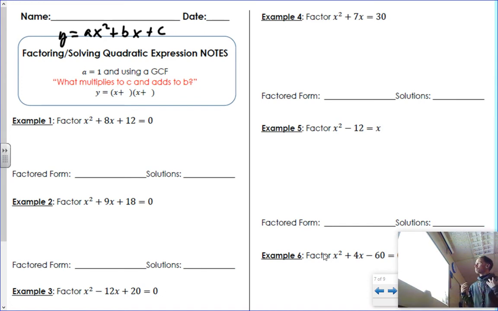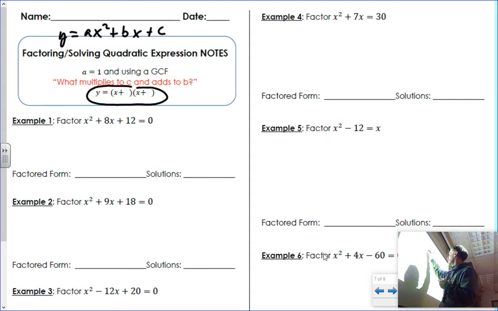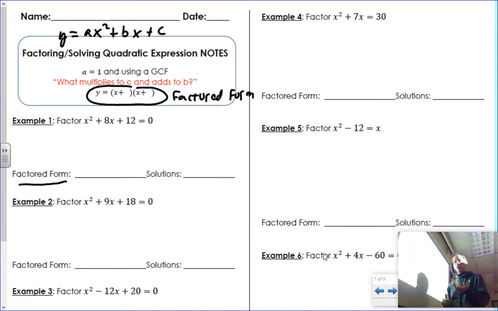Okay? So really what we want to be able to do is two things. We want to be able to factor it and write what's called factored form, which you see right here. So if that's all it asks for is the factored form of the quadratic, we're just going to write it in terms of the parentheses.